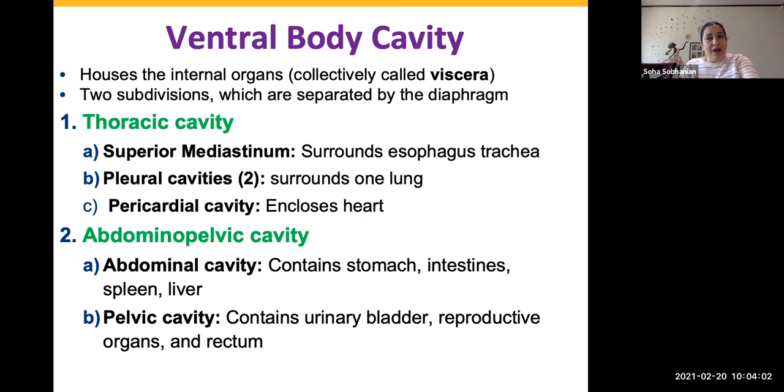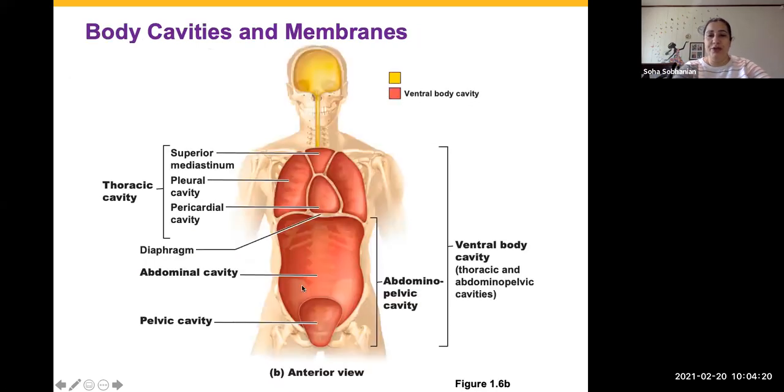Both in the front and in the back of our body, we have cavities, and these cavities are where our organs are located. The cavities in the front are separated by our diaphragm. I will just show you the picture. What you see in red is my ventral body cavities, or the anterior body cavities. And this line right here in the separation is your diaphragm, which is a large dome-shaped muscle.